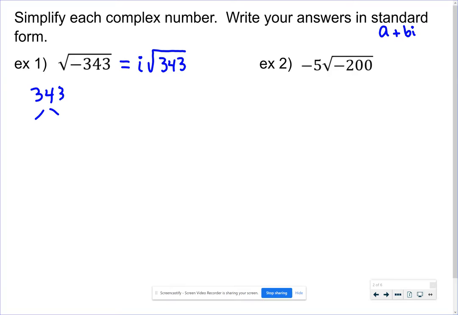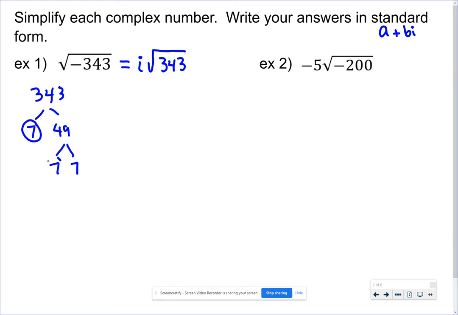I will try a 3. 343 divided by 3 is 114.33333, so it's not divisible by 3. I'm not going to try a 5 because it doesn't end in 0 or 5. Next prime to try is a 7. So 343 divided by 7. That one works. 343 is 7 times 49. 49 is 7 times 7.